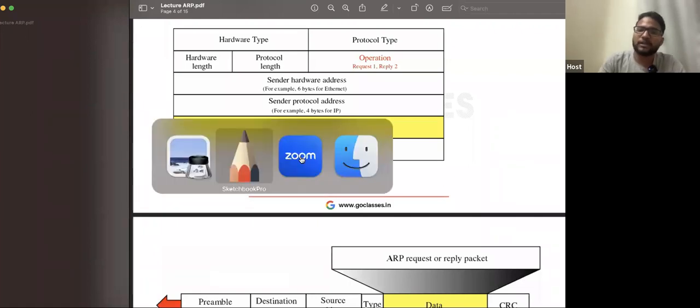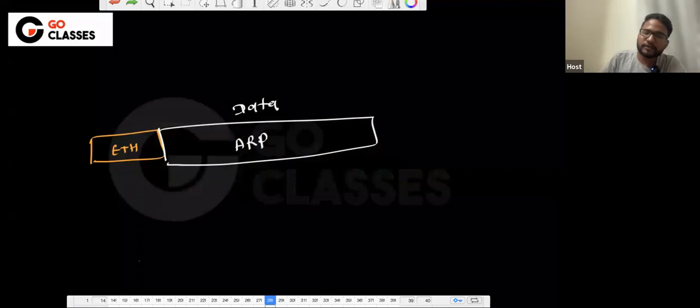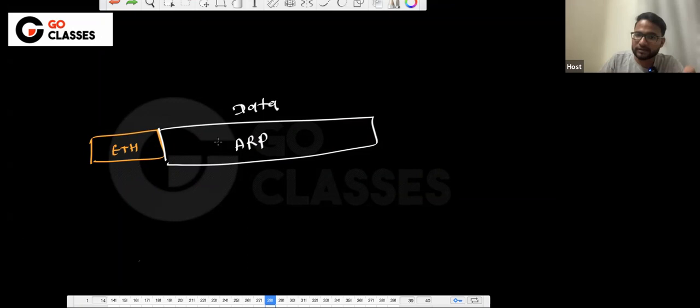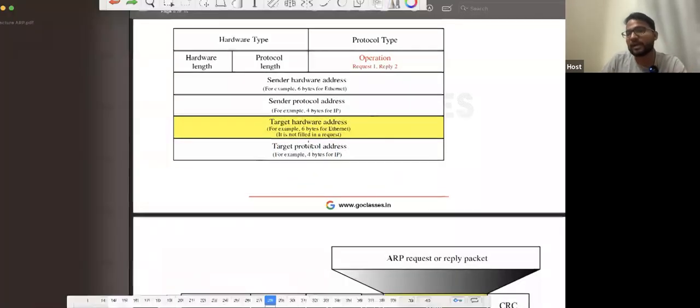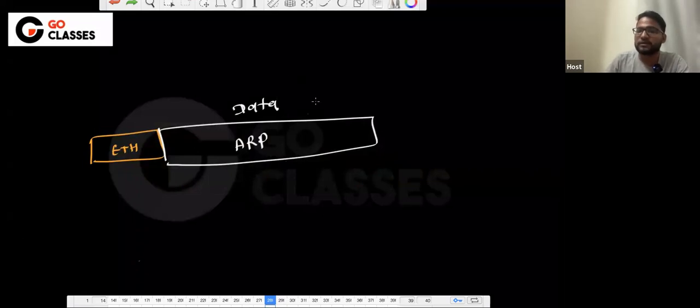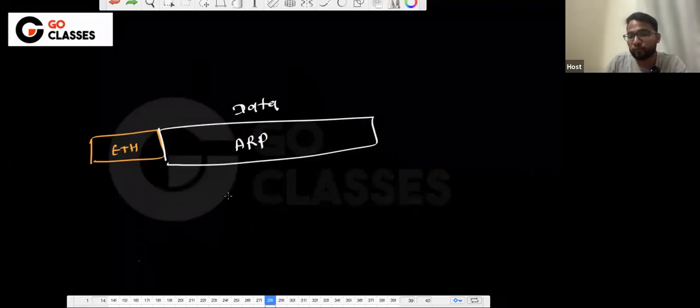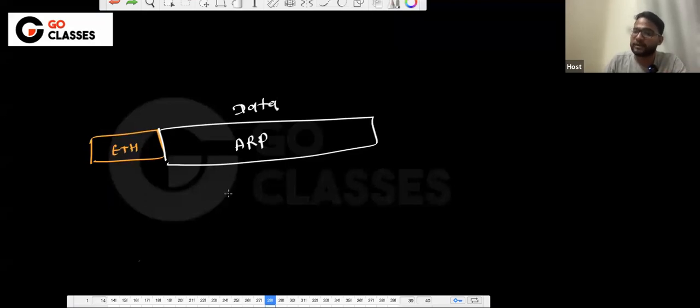So there will be a field. See here in this ARP packet, since you do not have any IP packet here, the ARP packet will look something like this. It will have the target IP address, which means it will check which host has this IP address, and that host is the one I'm interested in, right? So basically you do not have any source IP or destination IP currently in this ARP packet, because source IP and destination IP are the fields of the IP header.